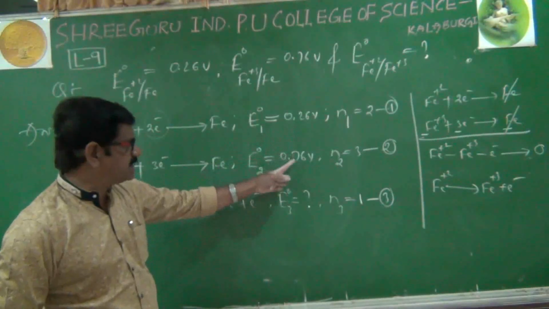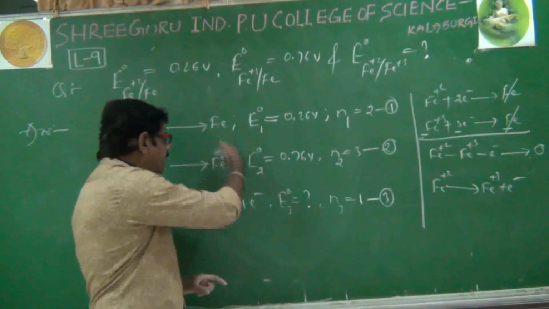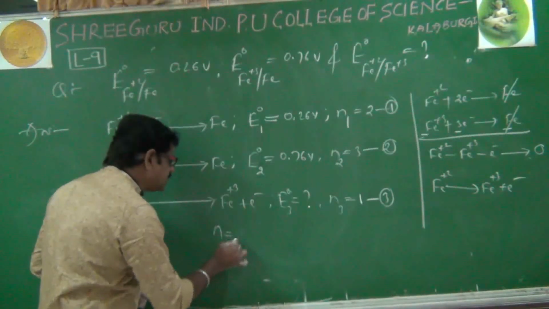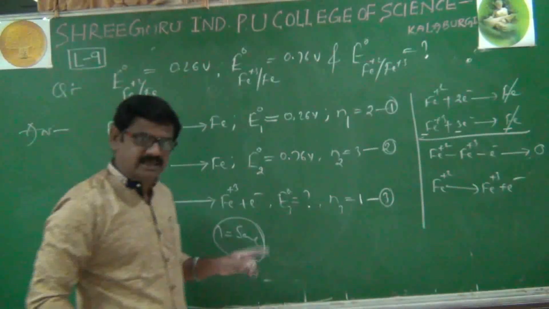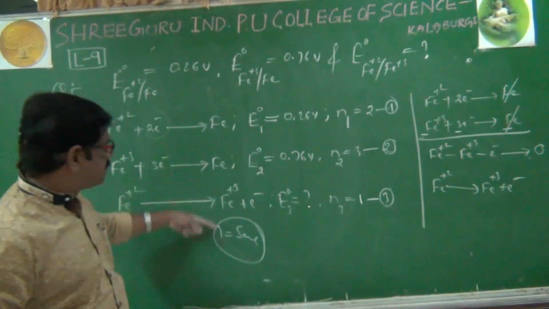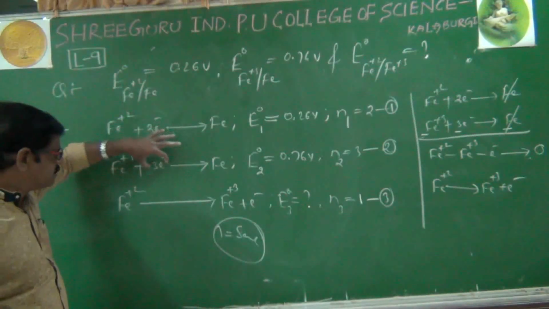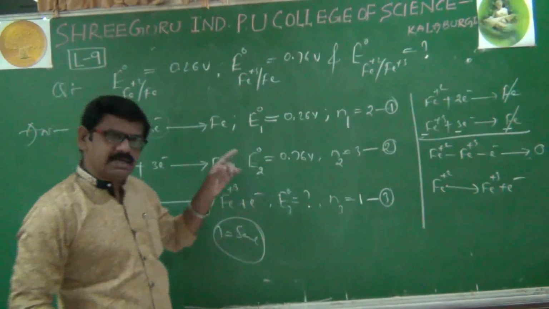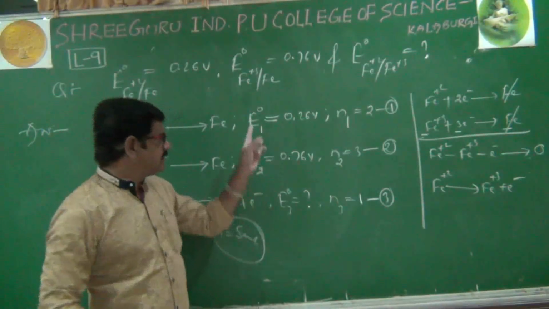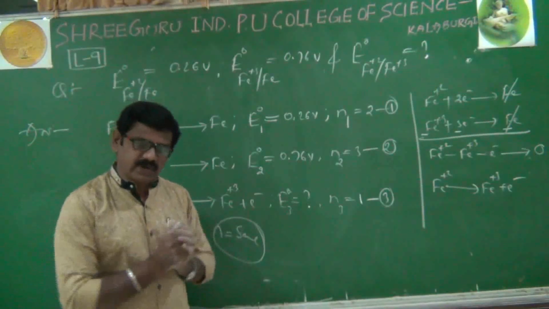This value minus this value, you will get a direct answer. But unfortunately here the n values are not the same. Here n is 2, here n is 3, here n is 1. That's why don't subtract E1 naught minus E2 naught directly. That is wrong.